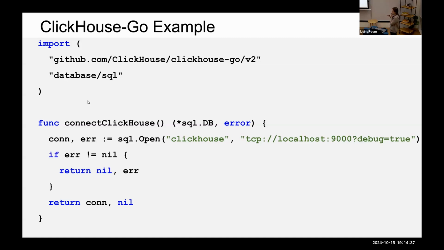Of course, it's also configurable, because there are applications that also run on port 9000, or maybe you would like to run several ClickHouse instances on a single node for any reason. Then we're checking if there was any error while connecting to the database. If not, we're returning a connection object, which is going to represent a connection to the SQL database, and we return no error.